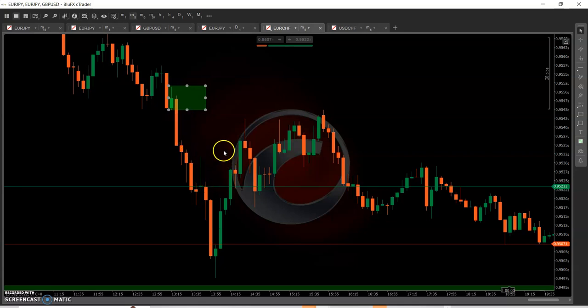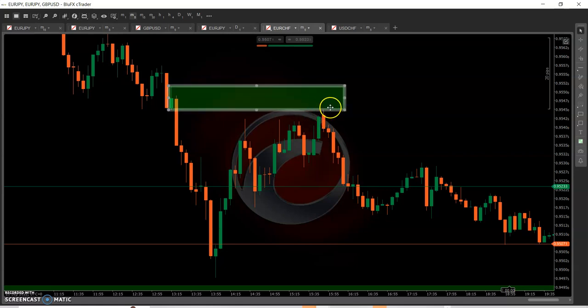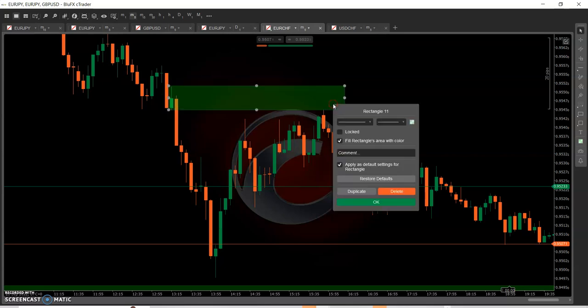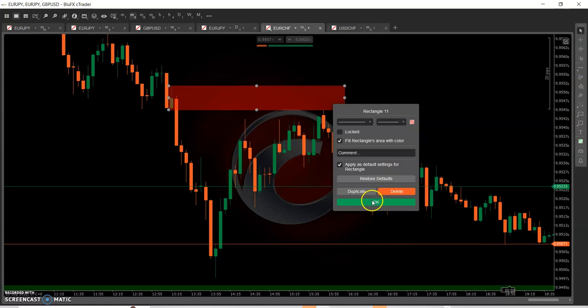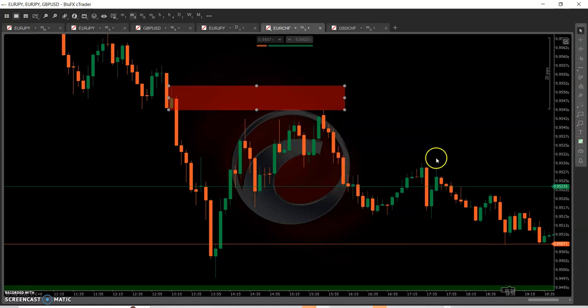This one just came back to mitigate it and fell back down. If you have your 5 pips, it will touch it and then sail back down. So forex is sweet. You just need to know what you're doing and allow the price to come and meet you.